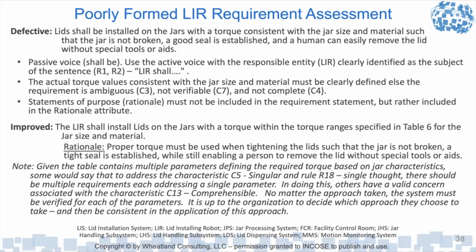If I did a separate requirement for each parameter, I could have a whole lot of requirements in the requirement set, making it difficult to get through and read, while the single requirement referring to the table makes it much more comprehensible. No matter which approach is taken, the system must be verified for each of those parameters. And it's up to the organization to decide which approach they choose to take and then be consistent in the application of this approach.